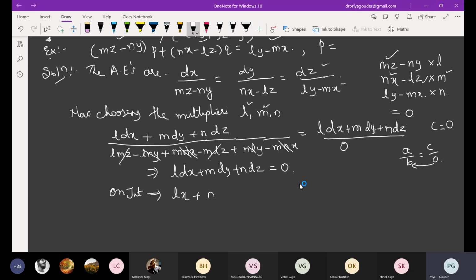L is constant, so constant into x, you will get Lx. M dy means My. Tell me N dz. N is constant. Integration of 1 with respect to z is z. Equal to some constant C1.